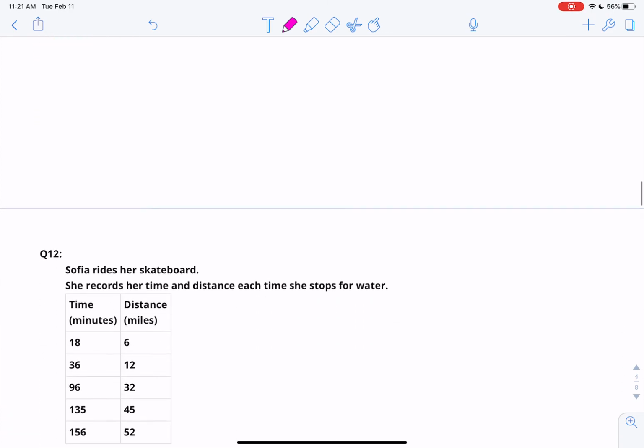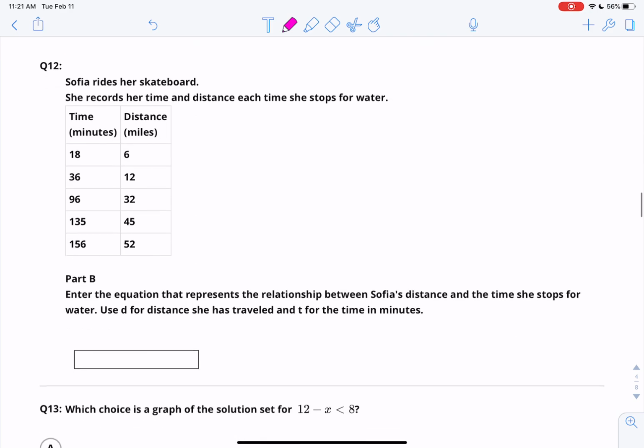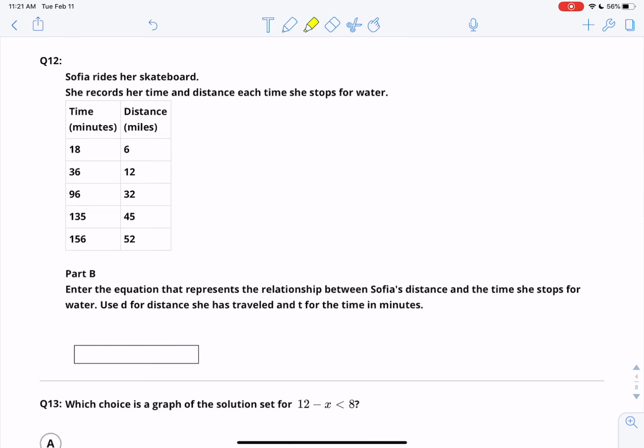All right, question 12. Same question, but there's a part B now. Now we're in part B. Enter the equation that represents the relationship between Sophia's distance and the time she stops for water. Use D for distance and T for the time in minutes. Okay, so we're not solving for a number now. We're writing an equation.